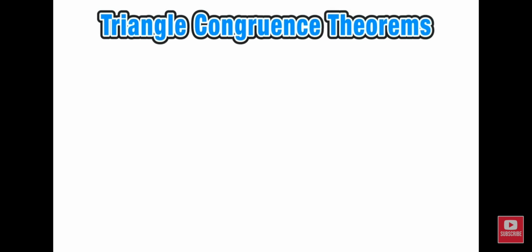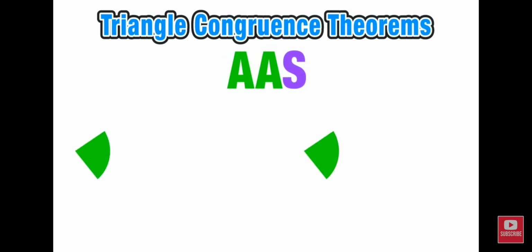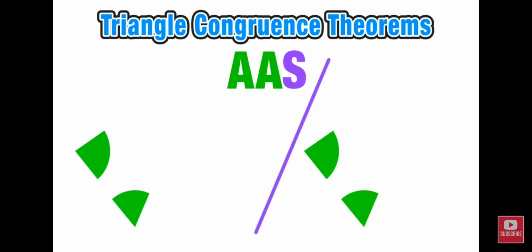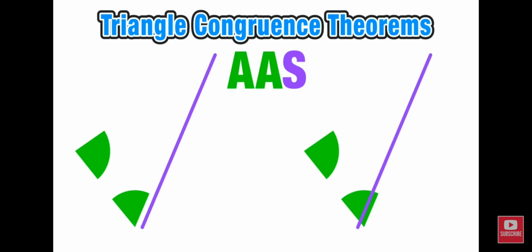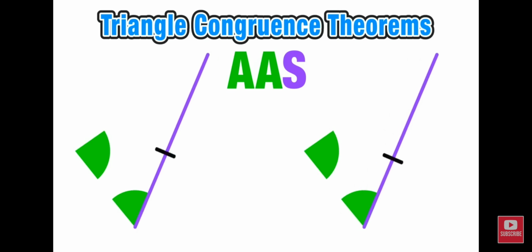Now our next theorem is very similar to the one that we just looked at, which was angle, side, angle. This one is called angle, angle, side. Now when in 2 triangles, we have a pair of corresponding congruent angles, along with a second pair of corresponding congruent angles, as well as a pair of corresponding congruent sides.